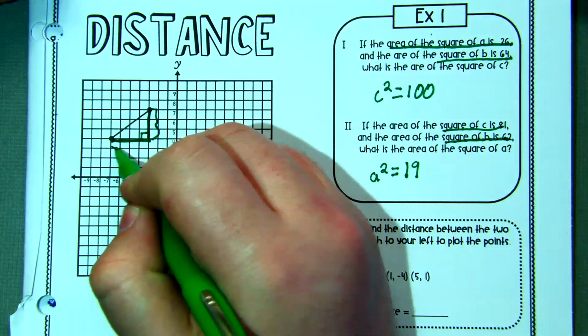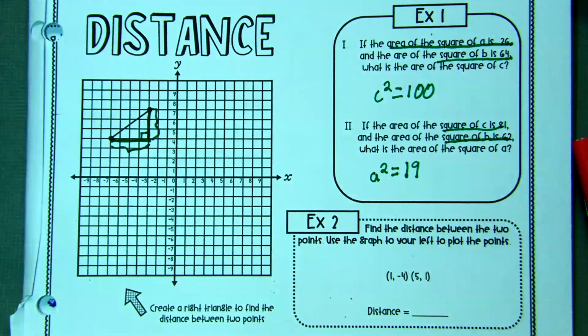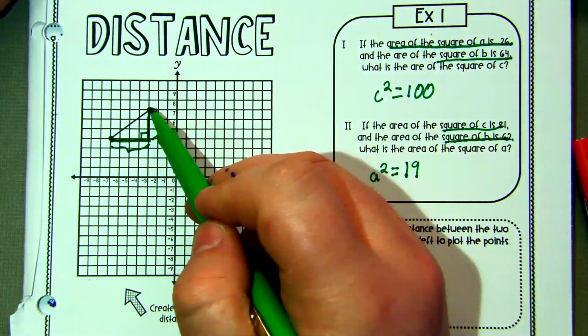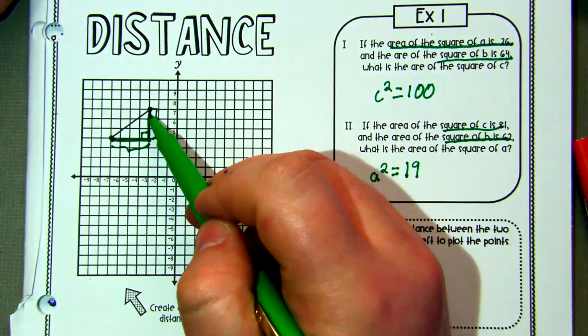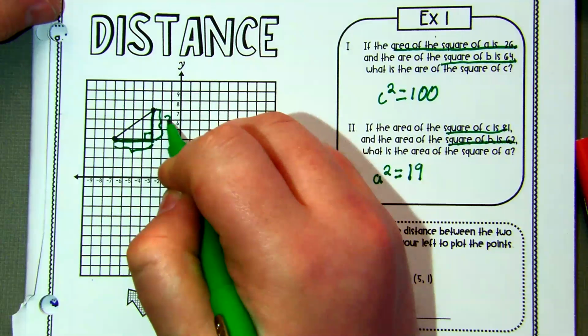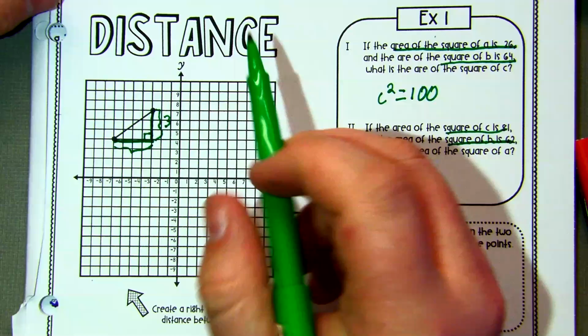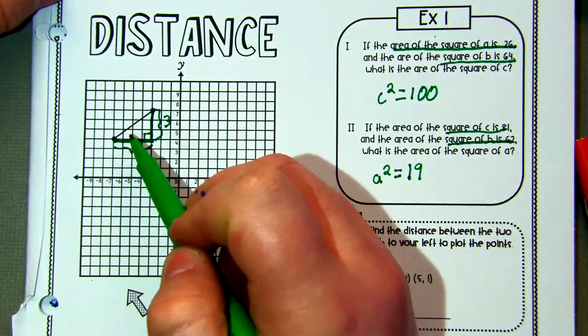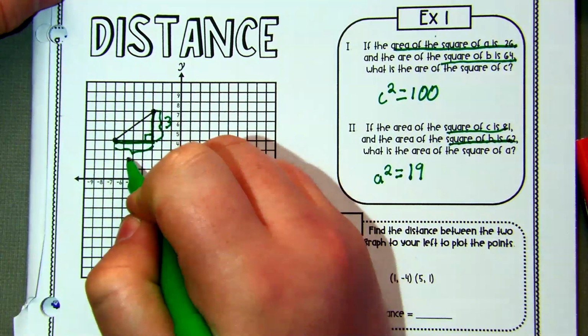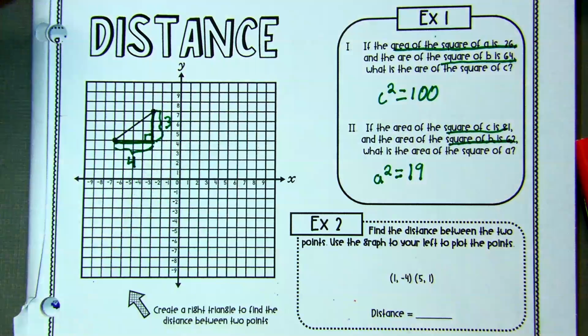The next thing we want to do is count boxes, as simple as it sounds. So if we look at our right leg, we've got 1, 2, 3 boxes. And if we look on our bottom leg, we've got 1, 2, 3, 4 boxes.